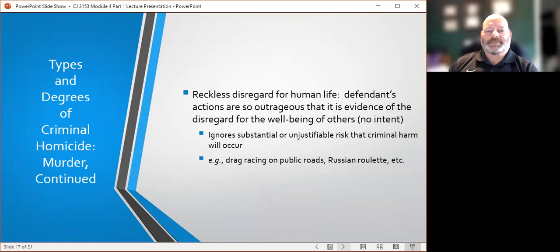Under criminal homicide, the type known as murder includes this reckless disregard for human life. This means that the defendant's actions are so outrageous that the evidence of disregard for the well-being of others exists, even when they had no intent to kill.